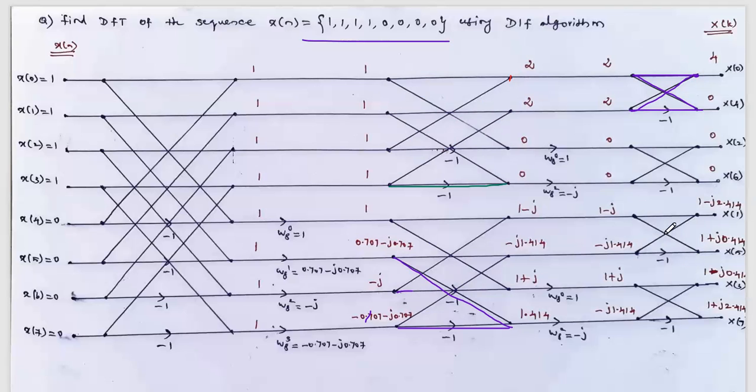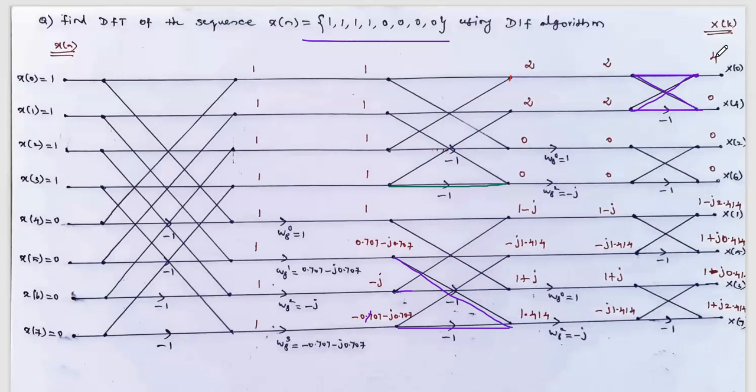Similarly here 1 minus j added with minus of minus plus, so 1 plus j 0.414. Similarly here 1 plus j minus j 1.414, you just add it, so 1 minus j 0.414. Here 1 plus j minus of minus plus j 1.414, so 1 plus j 2.414. So the answer is calculated. This is the DFT answer.